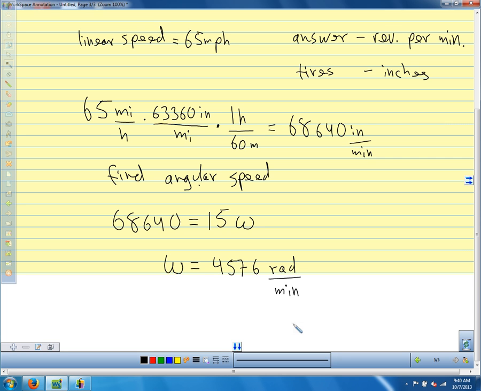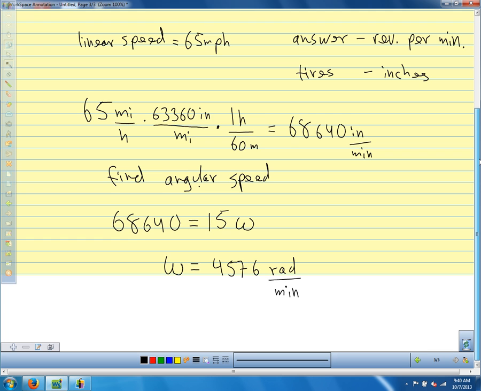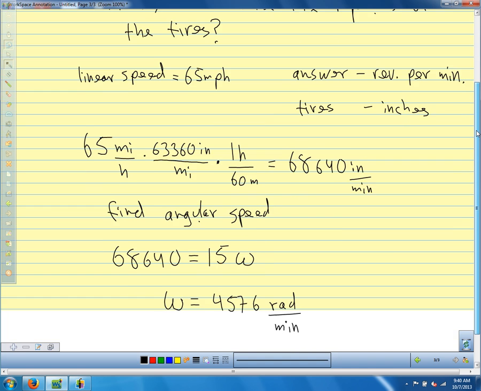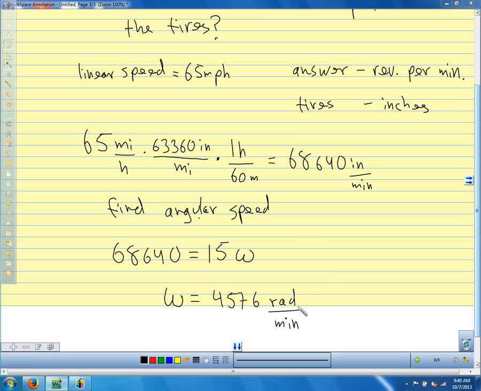Are we done? What did the problem ask us to find? It asked us to find revolutions per minute. So we know we're turning 4576 radians per minute. How many radians per revolution? 2 pi. 2 pi radians every revolution. So I'm going to do 1 revolution per 2 pi radians.